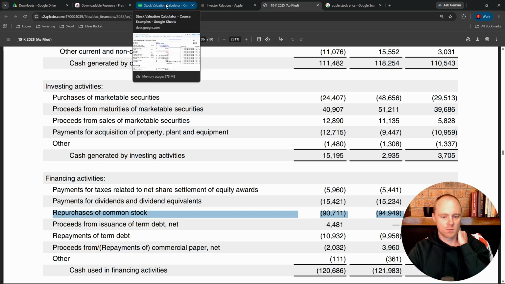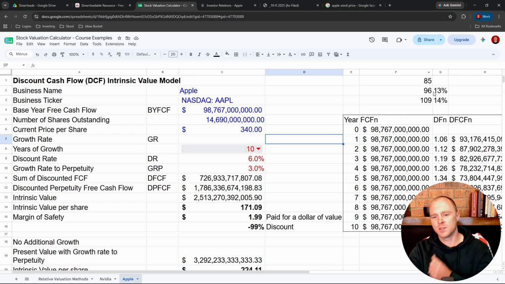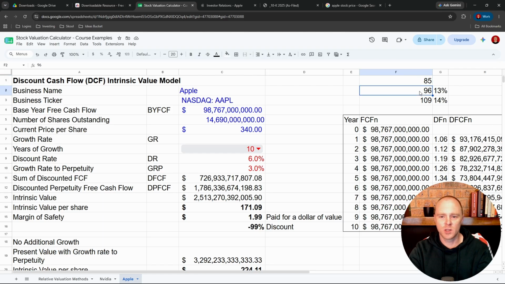So hats off and fair claps for good old Apple. Now, having a look at the services arm, we had 85 billion, 96 billion, and 109 billion. The growth rate of those is about 13, 14% across those 3 years.